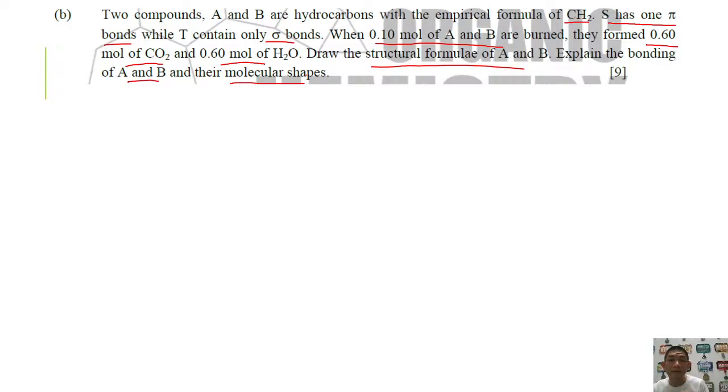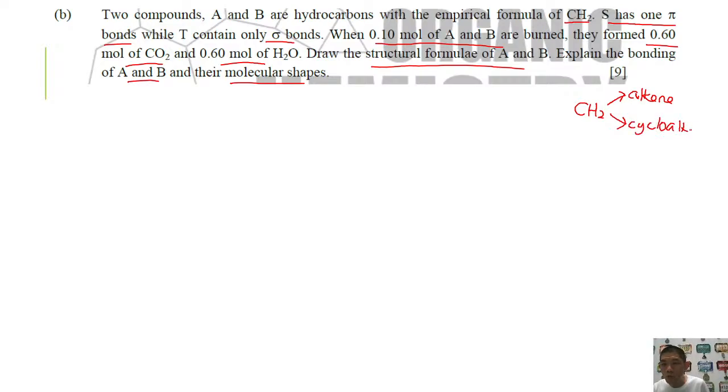This is obviously a very direct question that tells you the number of carbons in both A and B. Let's start first with the empirical formula, which is CH2. The moment you see an empirical formula of CH2, there are only two structures you can easily come across: one is definitely an alkene, and another is definitely a cycloalkane.